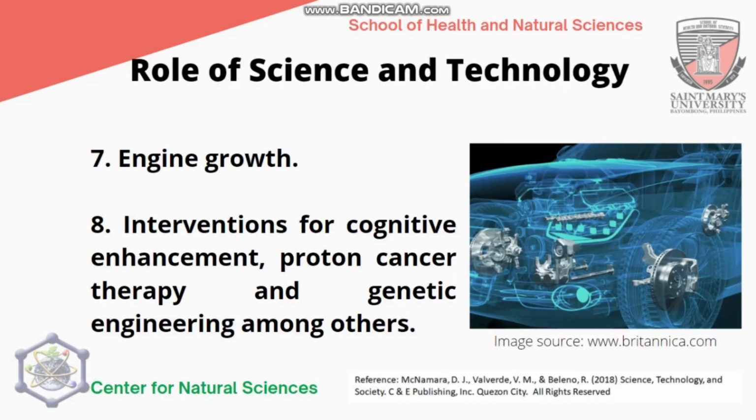Role of science and technology also involves engine growth, just like now, electric powered cars such as Tesla and other brands, interventions for cognitive enhancement, proton cancer therapy, and genetic engineering, among others.